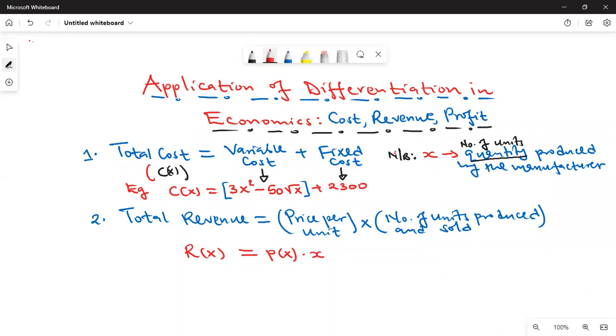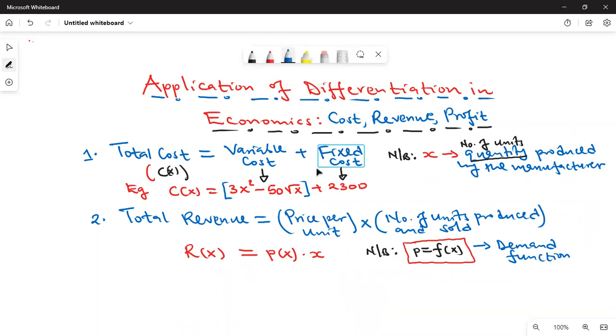So if you have this function P of X, the small p to mean price, and X is the number of units produced and sold, this one here is called the demand function.